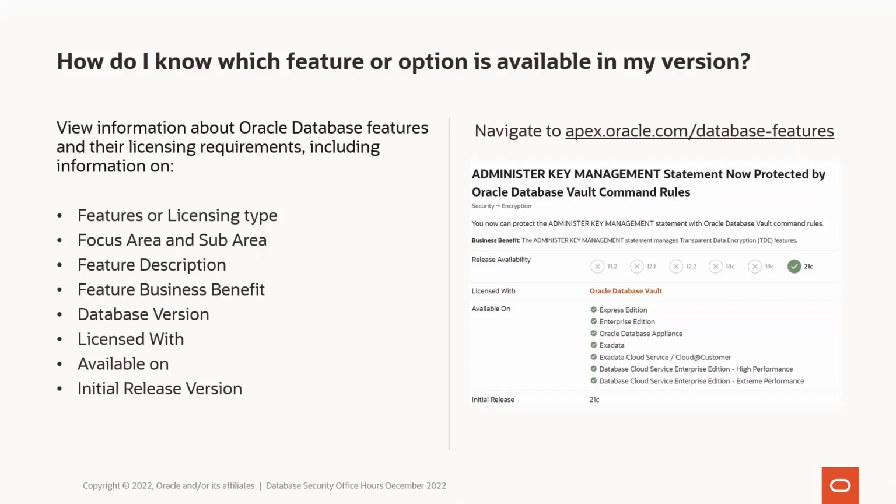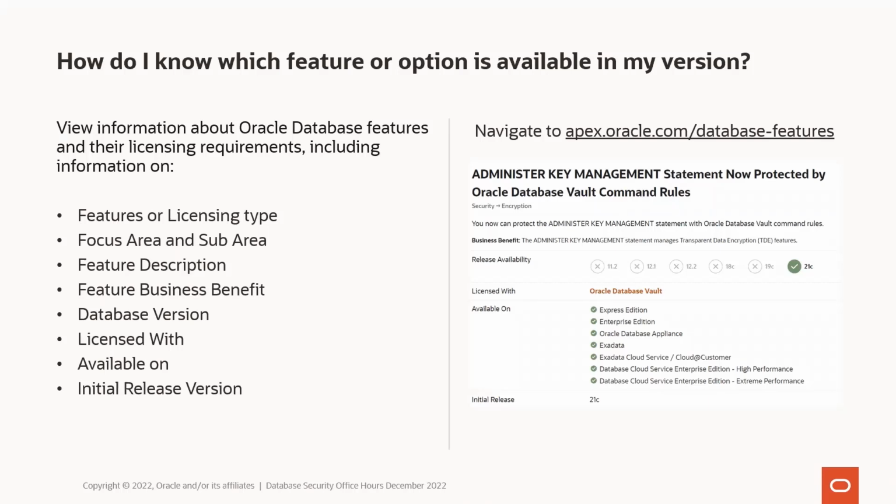So you can get an idea of, hey, this particular feature was initially released in 21C. It's available on these different editions of the database or all editions of the database. So you can look across versions and across features or license information to get an idea of, hey, when did that come out? Or can I use that as a part of my license?